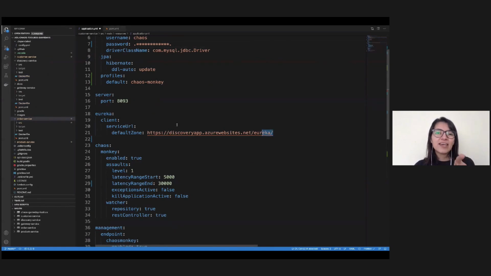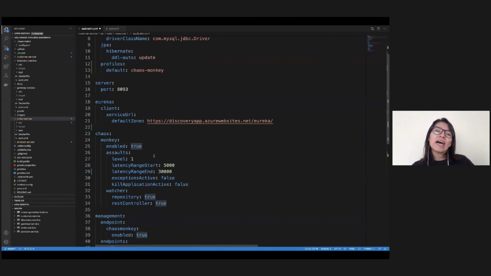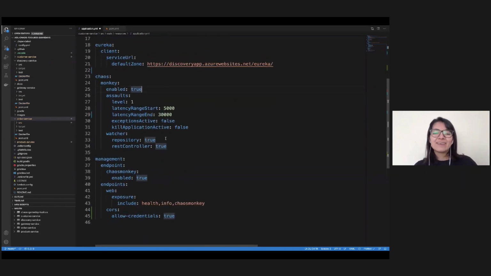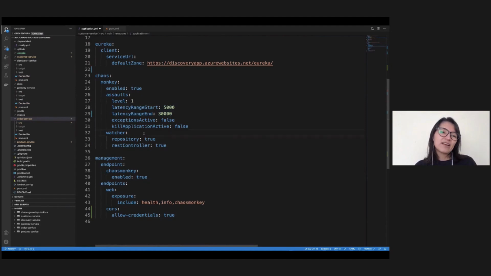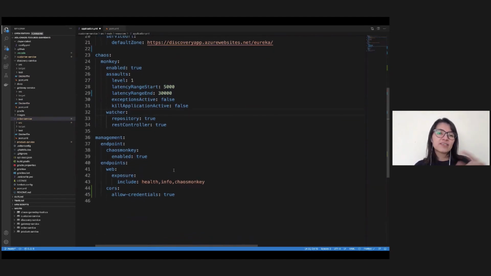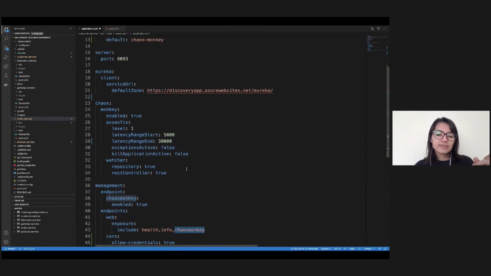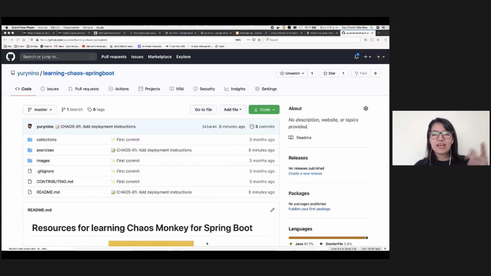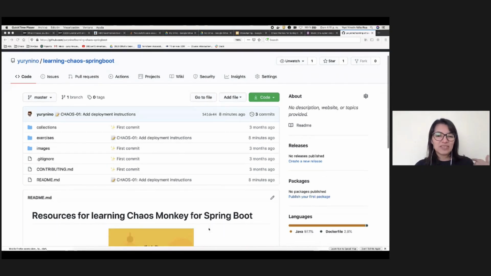If you notice, we are using a URL in AWS in order to add more latency, because our microservices will be deployed in Azure. I have also provided configuration for the Chaos Monkey, which is enabled here, and the URLs it exposes.